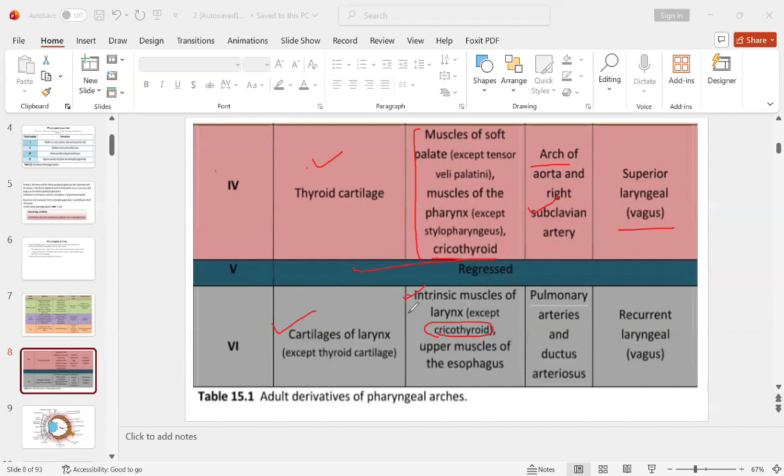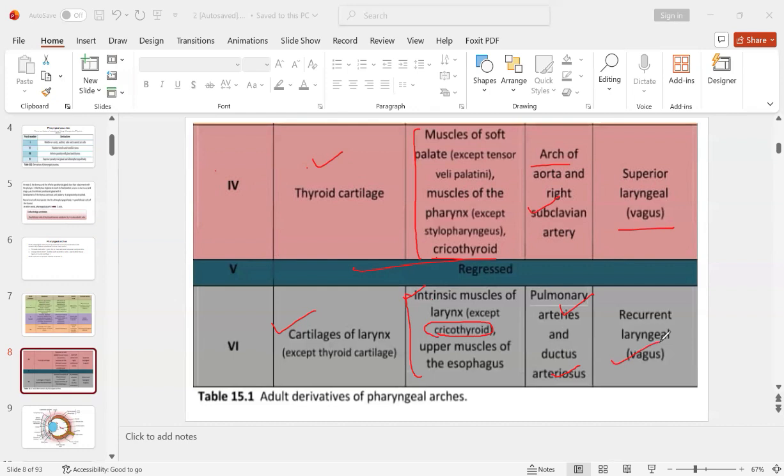So these are the muscular derivatives of the arch 6. The aortic arch derivatives of the arch 6 include the pulmonary arteries and the ductus arteriosus. The pharyngeal arch 6 and all of its derivatives are supplied by the recurrent laryngeal nerve, which is also a branch of the vagus nerve.